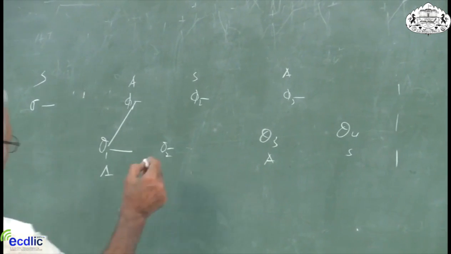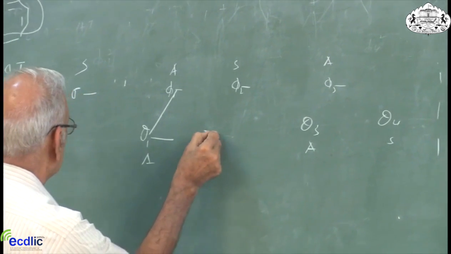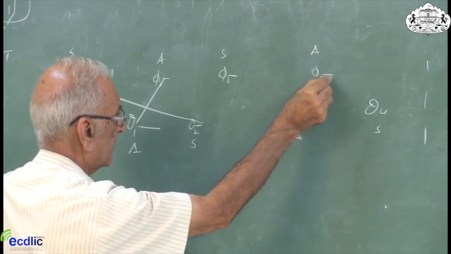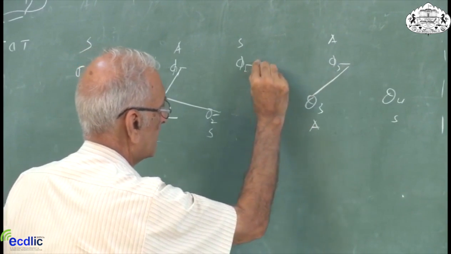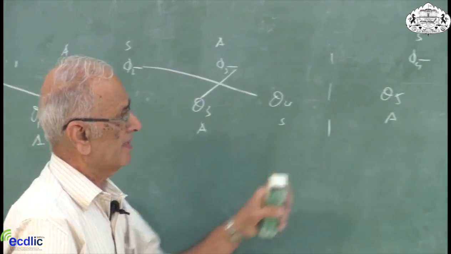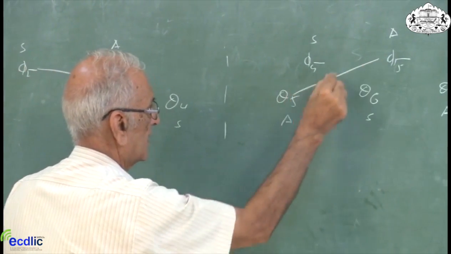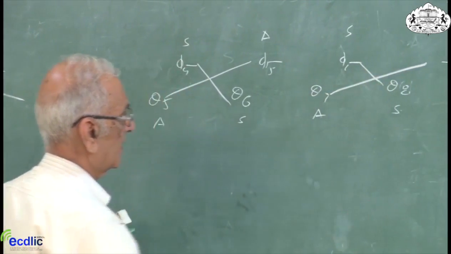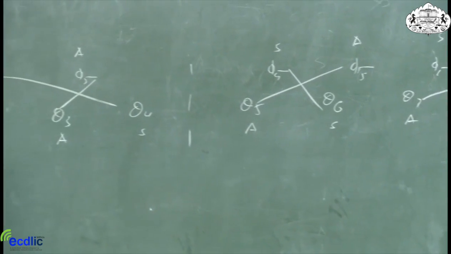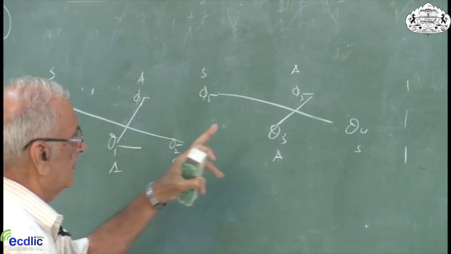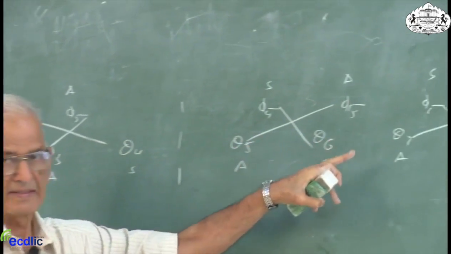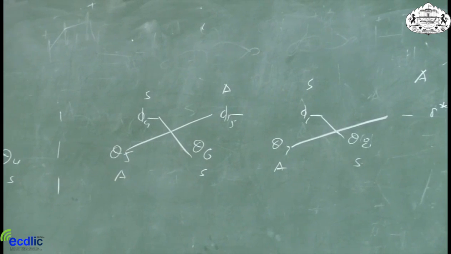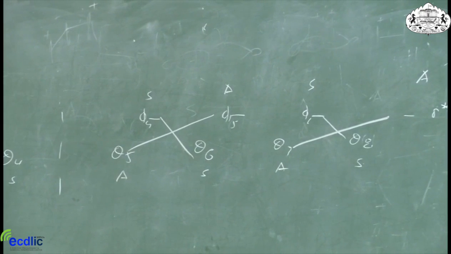So, 2 will go down, 3 is antisymmetric, 4 is symmetric, 5 is antisymmetric, 6 is symmetric, antisymmetric. See this, 1, 3, 5, 7 have gone up in energy, 2, 4, 6, 8 have gone down in energy.